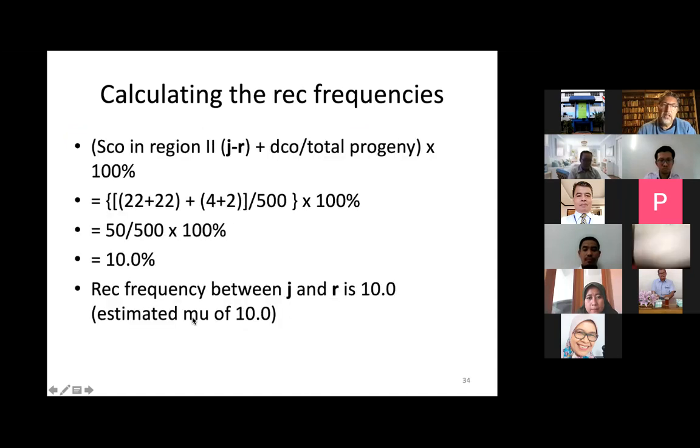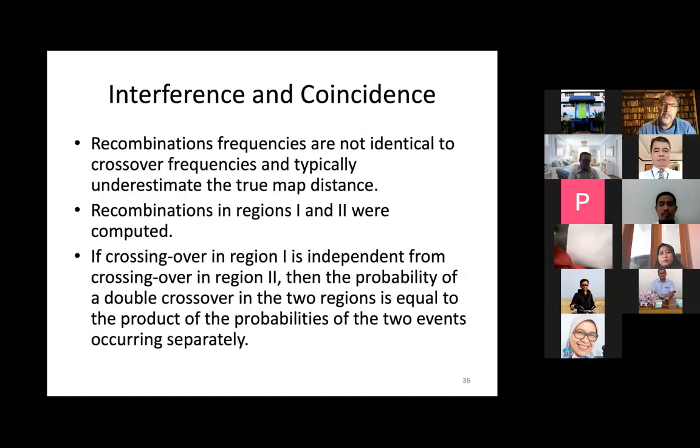So region 1 is P and J. Crossing over in region 1, between P and J, is independent from crossing over in region 2, which means between J and R. Then the probability of a double crossover will be the product of both probabilities. Okay, let's see if that's true.